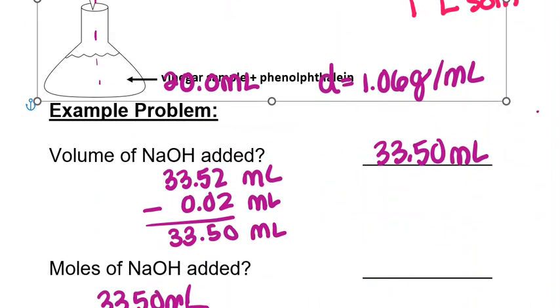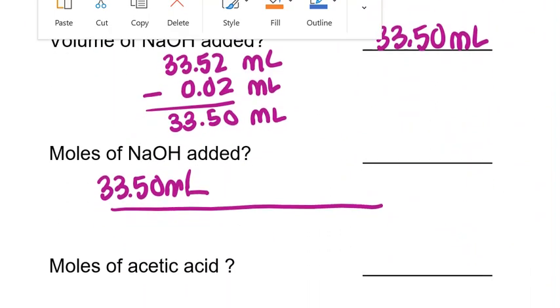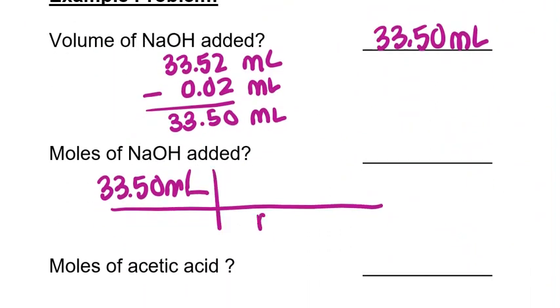And so when we come down here, we see the first thing we need to do is to change this from milliliters to liters so that we can use that molarity. Once we get to liters, we can use that molarity.